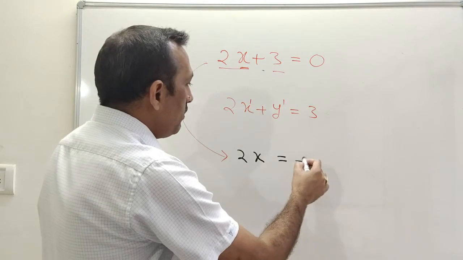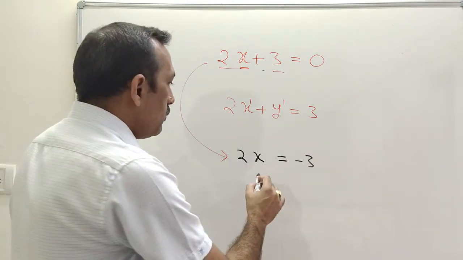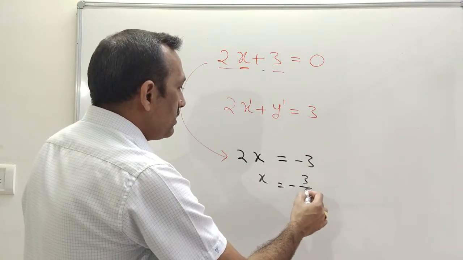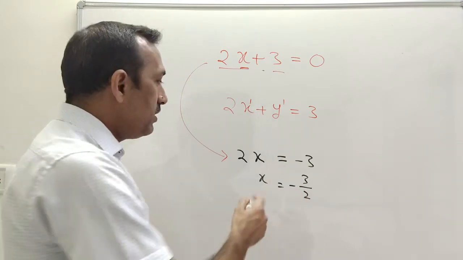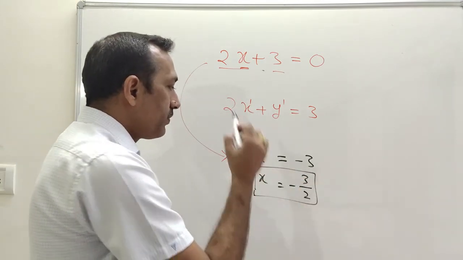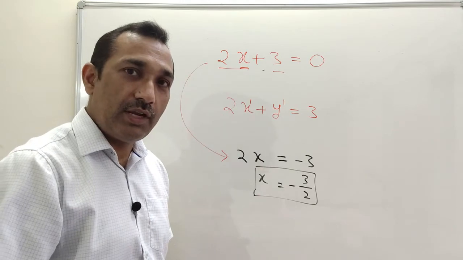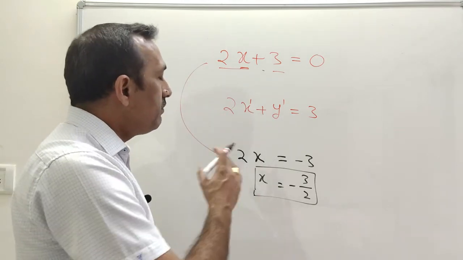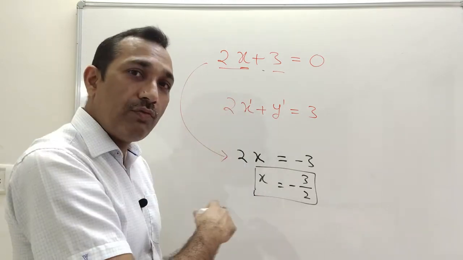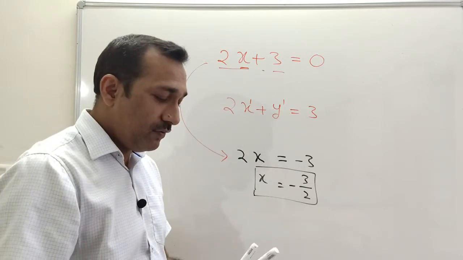Okay, so it will become minus 3. So x equal to minus 3 by 2. This is a value or root of the equation, right? Now similarly we will find the roots of x and y and see what happens.